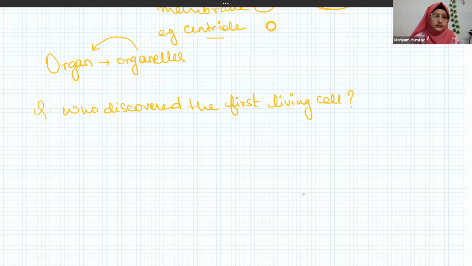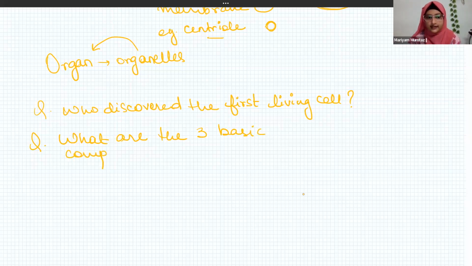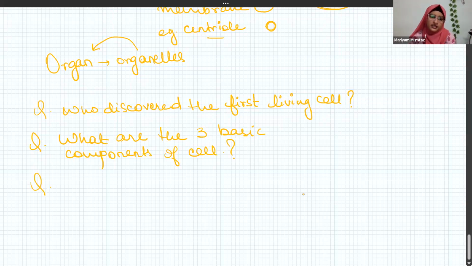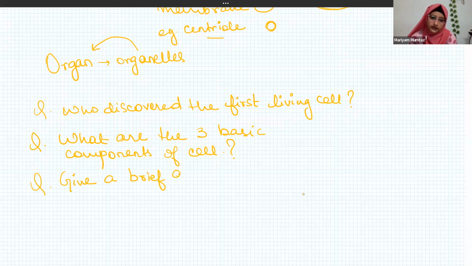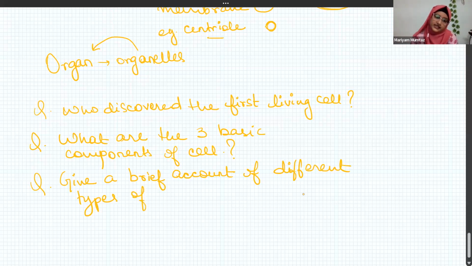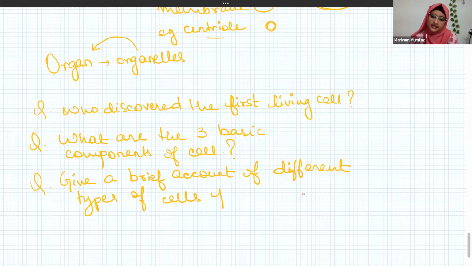The next question is, what are the three basic components of a cell? And the third and last question is, give a brief account of different types of cells present in the human body.